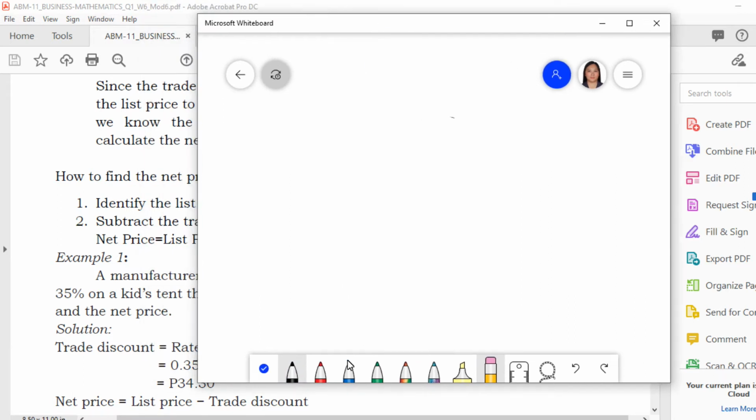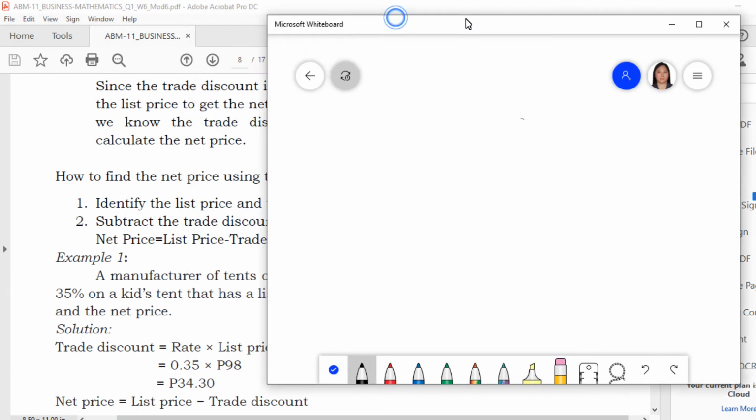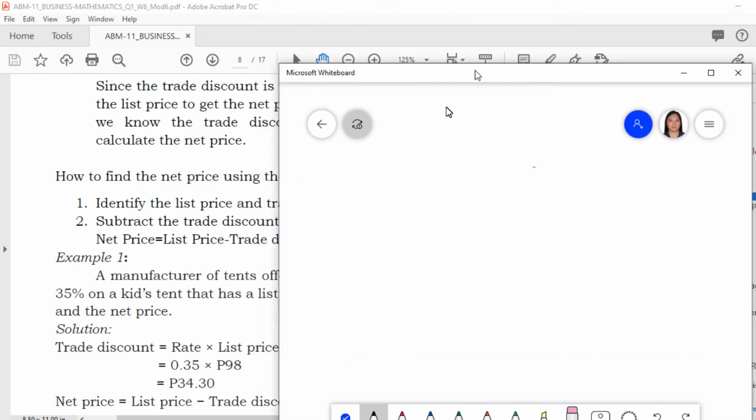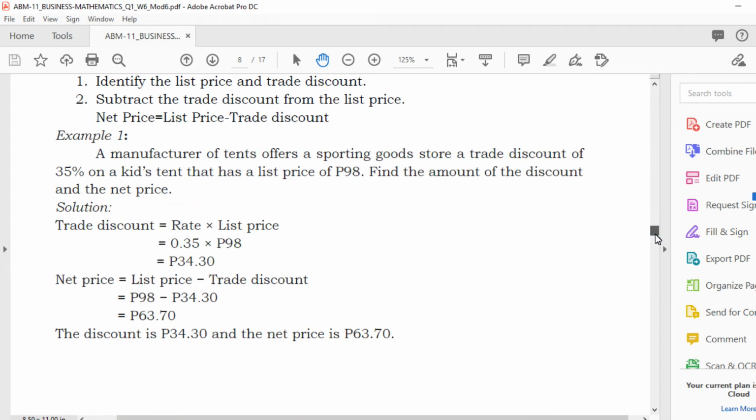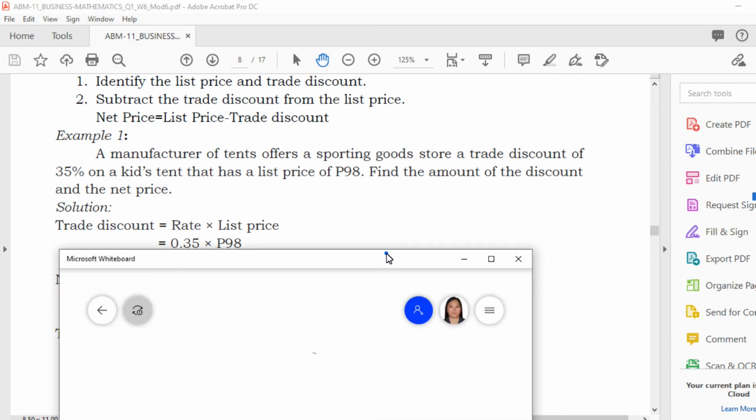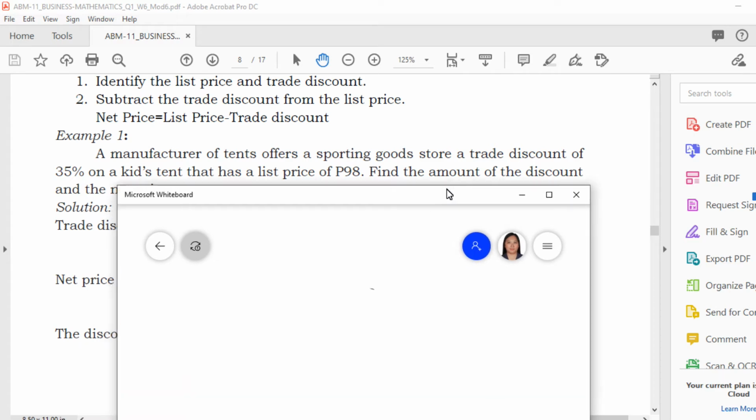Medyo naglalag ang aking whiteboard, kaya hindi ko siya ginagamit madalas. Okay. So, sabi natin dito kunwari, net price is equals to list price minus trade discount. Sorry. Net price equals to list price minus trade discount.